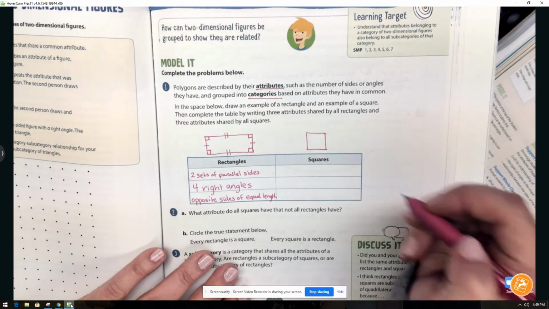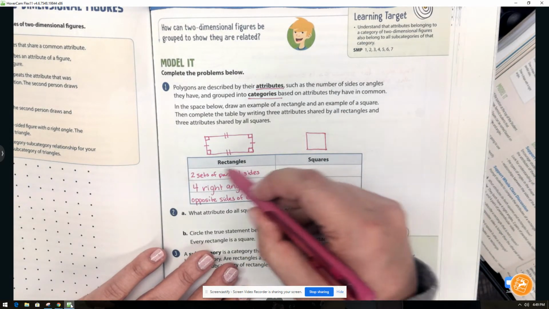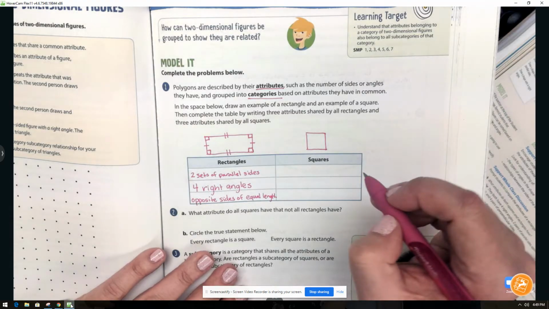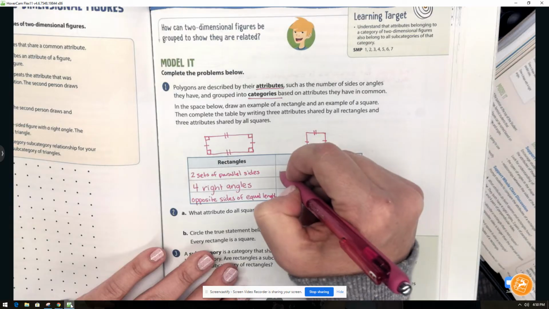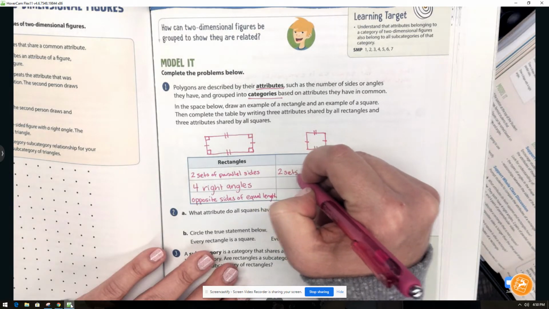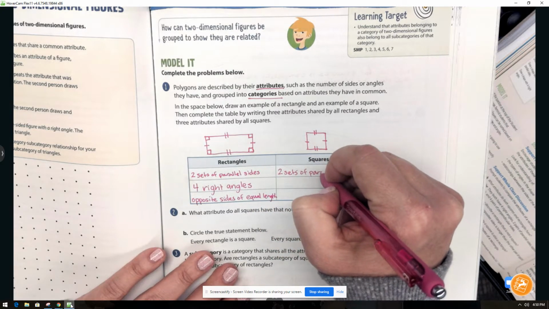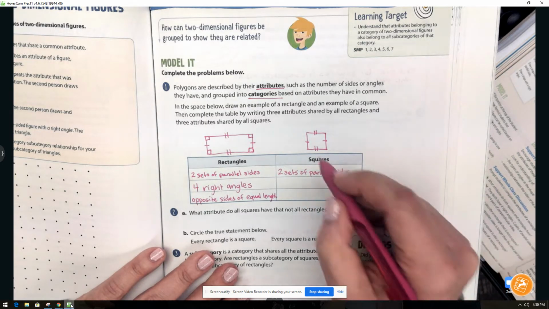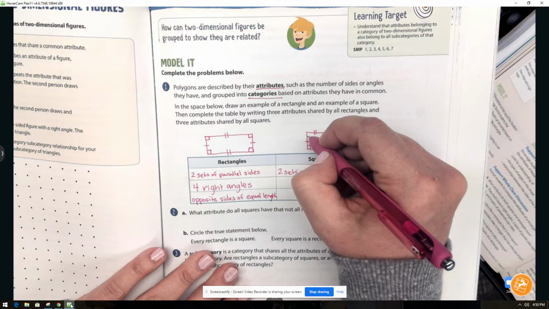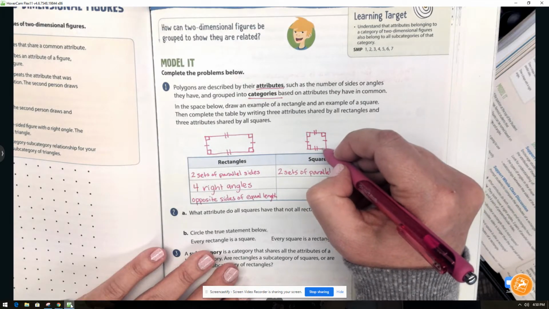So immediately I'm going to keep it similar to how I did rectangles. So I'm going to start with 2 sets of parallel sides. I also see that there are 4 right angles.